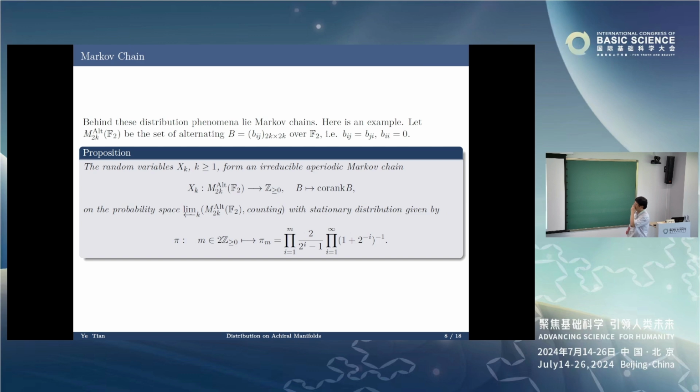So there is a Markov chain with random variables given by the co-rank. In this probability space with the counting measure, the co-rank random variable has a stationary distribution given by this number.